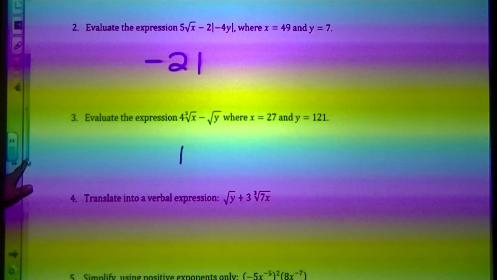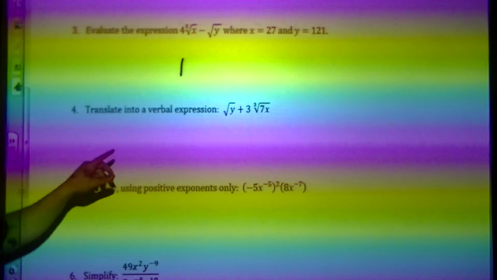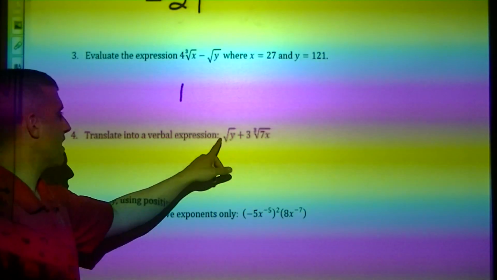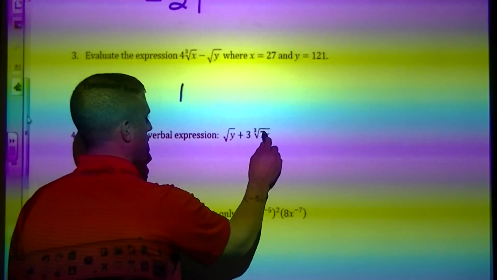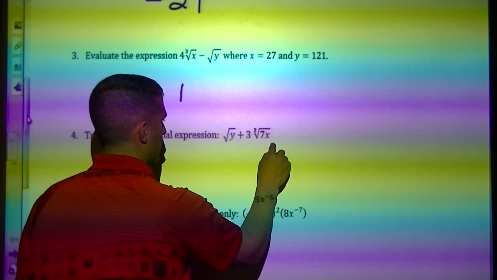Translate into a verbal expression. What I have here is a square root of y, that's a square root, that's a cube root, and that's a product.